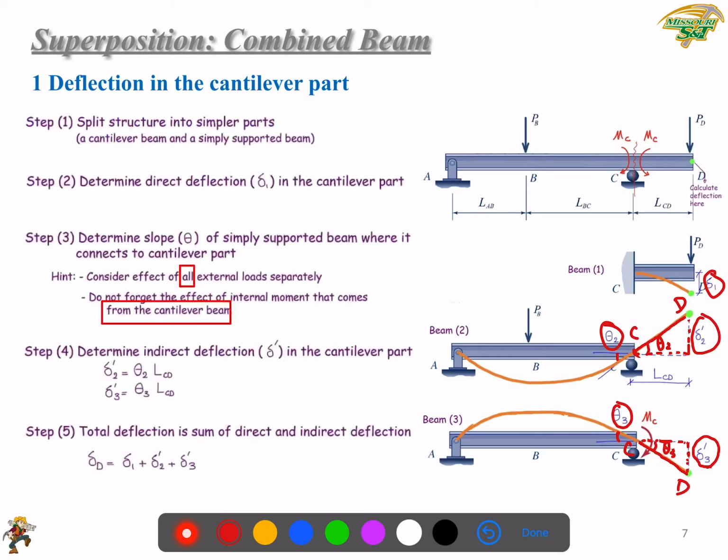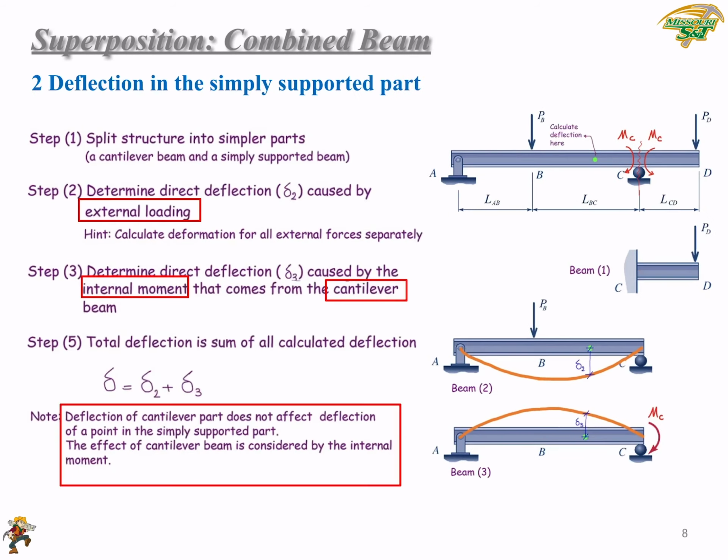Then in step 4, you just use two triangles. You have theta 2, theta 3, and you have LCD, so you can calculate the second and third components of deflection. Then in the last step, you add all three components to get the overall deflection. So those are the steps to determine the deflection in the cantilever part.